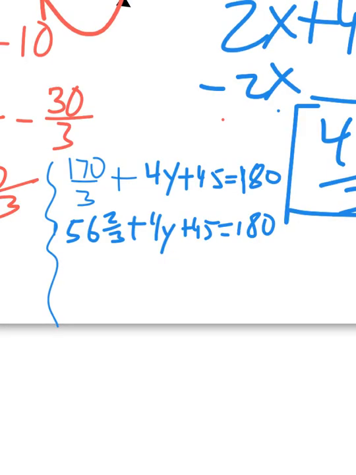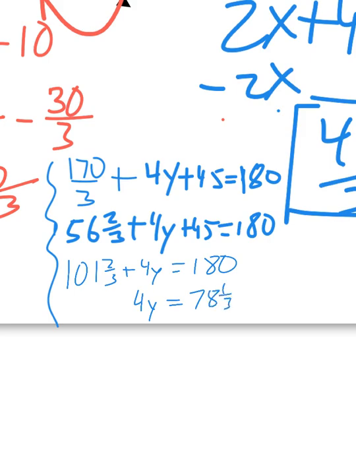So we have 101 and 2/3 plus 4y equals 180. Subtract that. We get 4y equals, if we subtract 101 and 2/3, 78 and 1/3.